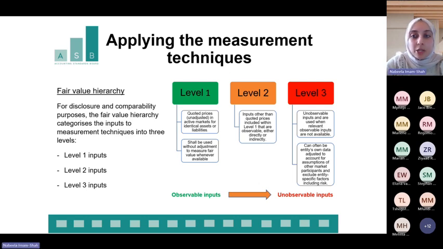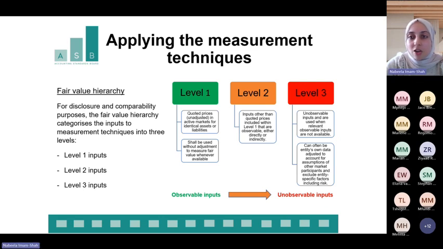Okay, now inputs are used when applying the measurement techniques. Inputs are the assumptions used when pricing the asset or liability, including assumptions about risk, such as the risk inherent in a particular measurement technique used to estimate measurement in accordance with the measurement basis, such as a pricing model, and also the risk inherent in inputs to the measurement technique.